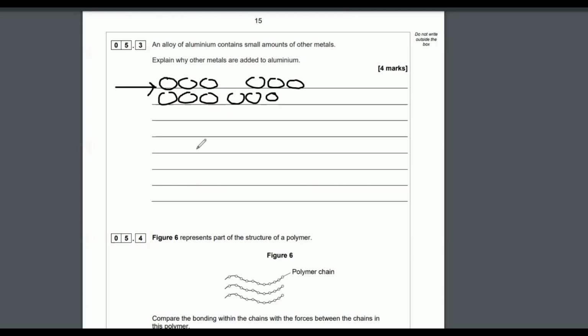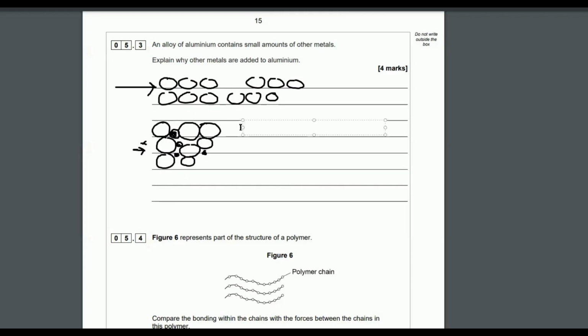However, sometimes we want our metal or our alloy of metal to be very strong. So what we do is we add other elements that have different sizes, like this little black element I've added. And what that will do by adding other elements, it disrupts the layers. And now the layers can't slide. They just can't slide past each other, and it makes the alloy much stronger than the pure metal. And so it's very good for use in things where strength is needed.